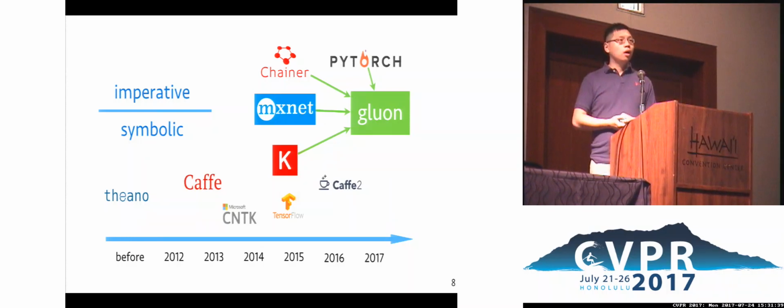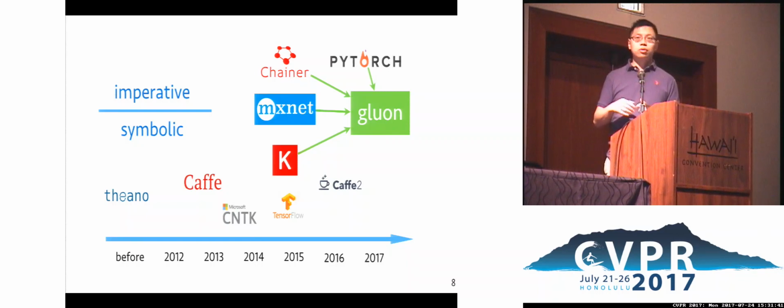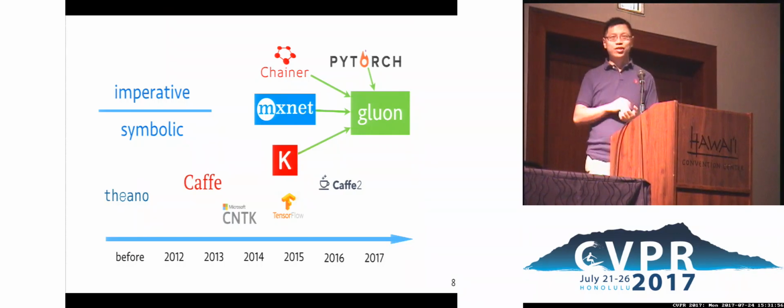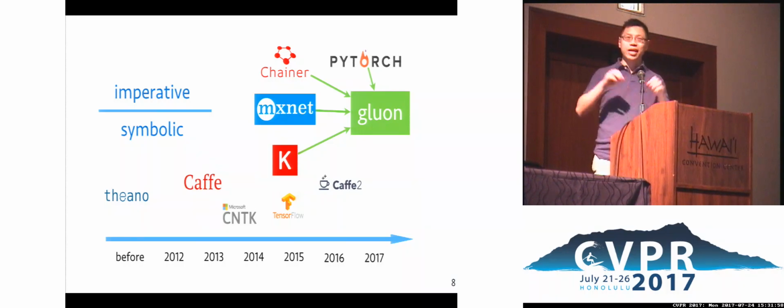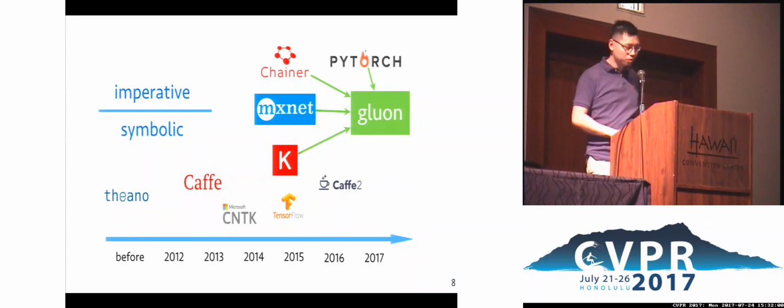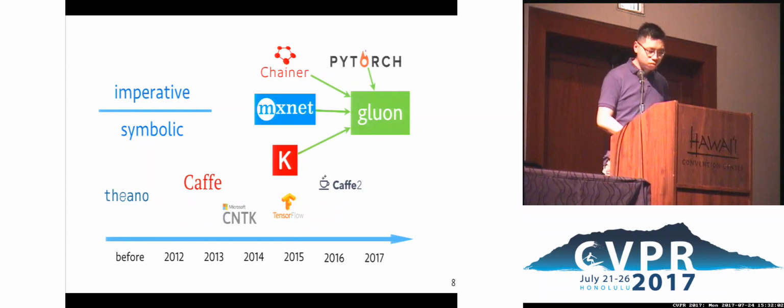We also take a lot of ideas from Trainer and PyTorch on how to organize the training loops, how to write the program, and how to access the parameters to update the model. So it is called Gluon. Gluon is a physics term, which connects different particles.